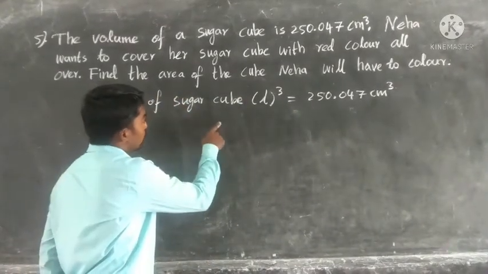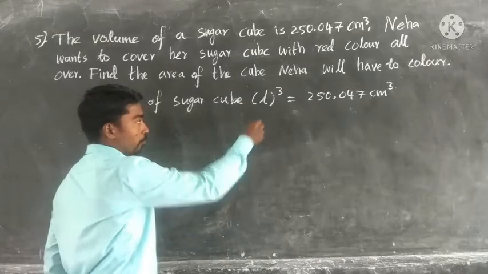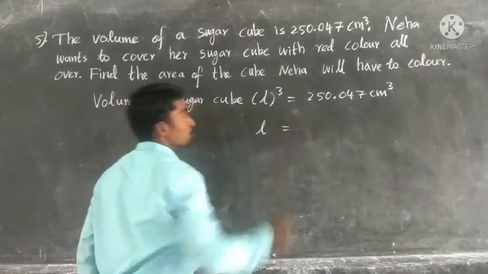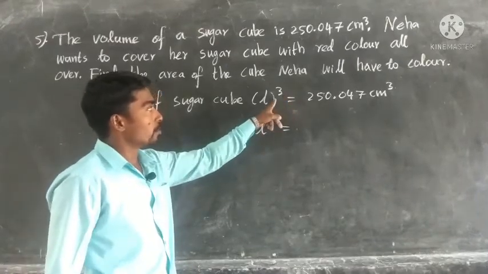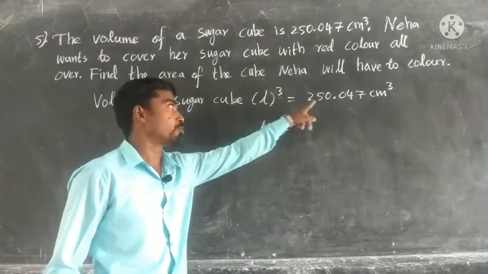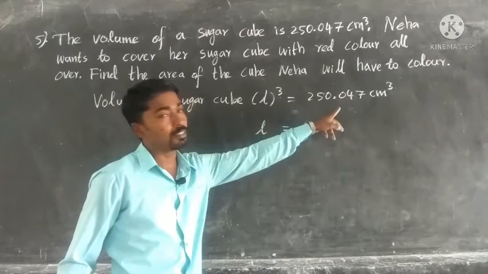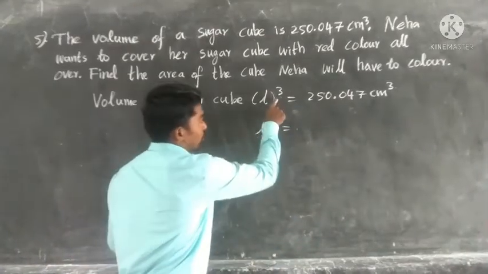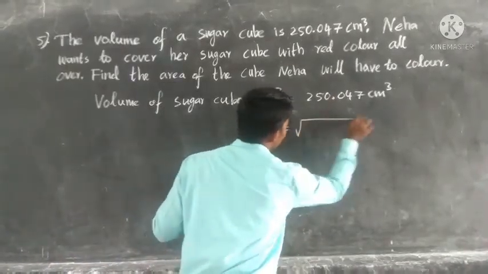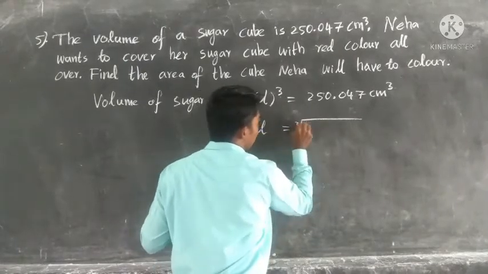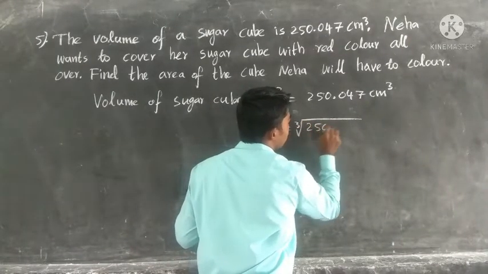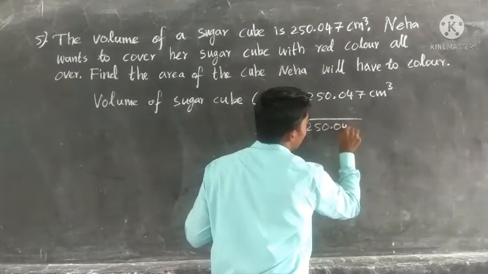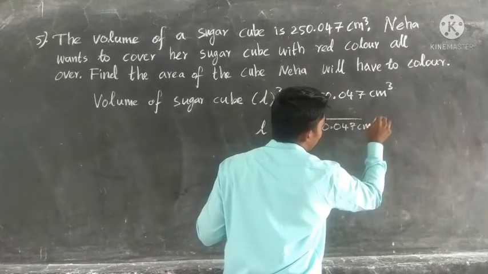By using volume of sugar cube, we are going to find its length. L to the power 3 is equal to 250.047 cubic centimeter. So this 3 we should take to the other side. L is equal to cube root of 250.047 cubic centimeter.